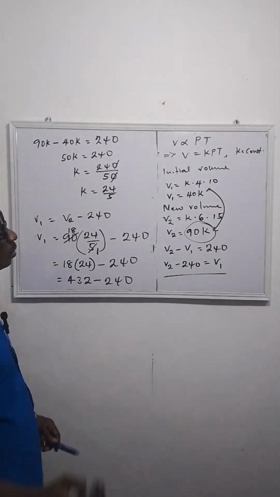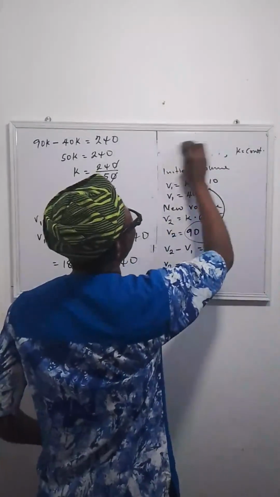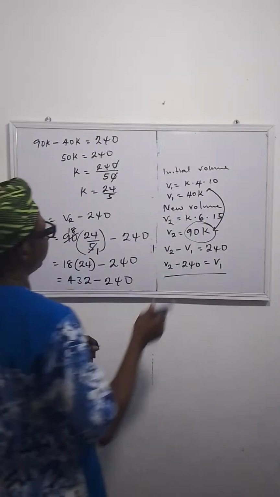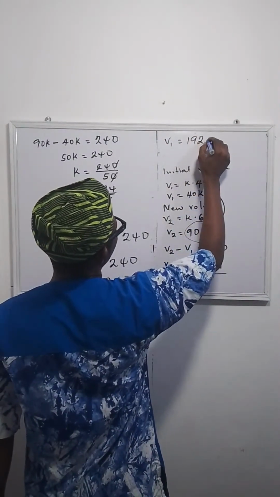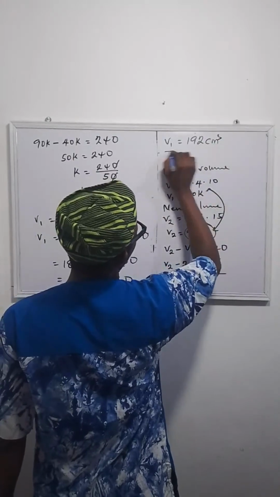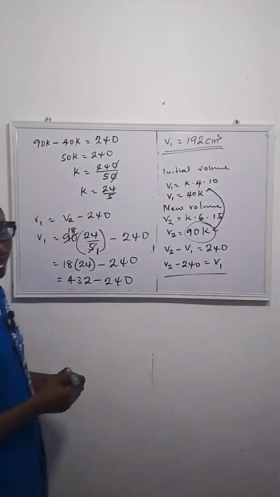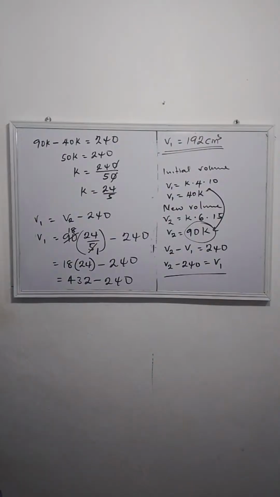So the initial volume V1 will be 192 centimeter cube. And this is going to be the answer to the problem. I want to believe we'll get that. So that is how to solve that kind of problem.